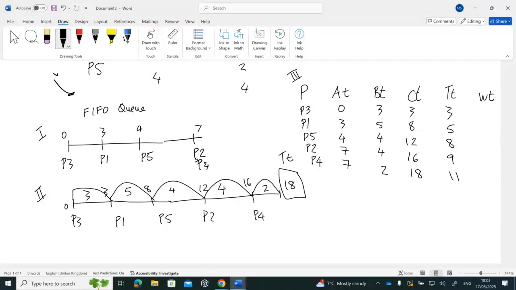And what was the formula for the waiting time? Waiting time is turnaround time minus burst time. So what is the waiting time for P3? Any questions there?